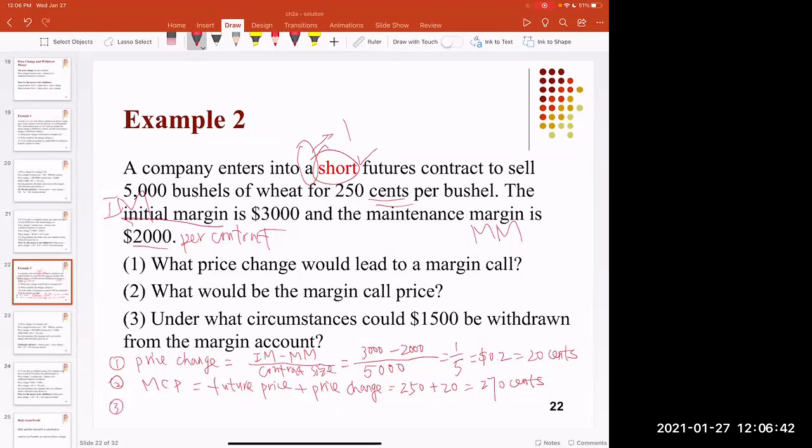And question 3 is the case where you make money. If you make money, then you're able to withdraw money. So again, we need to calculate the price change first. The price change is calculated by the money to be withdrawn over the number of contracts and then over the contract size.